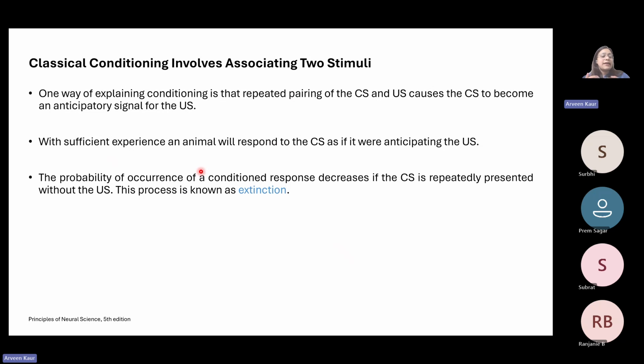And this is something that is evolutionarily also advantageous to us, right? Because we will not spend the same type of energy in that particular response or in anticipating a particular thing if that is not happening. So the process of extinction is evolutionarily advantageous, right?